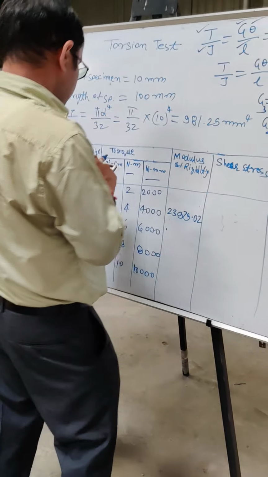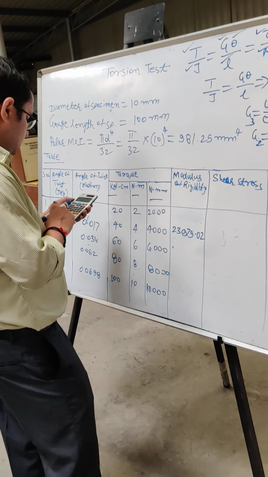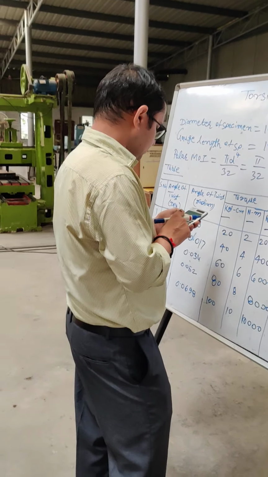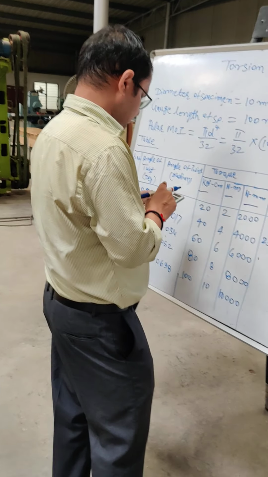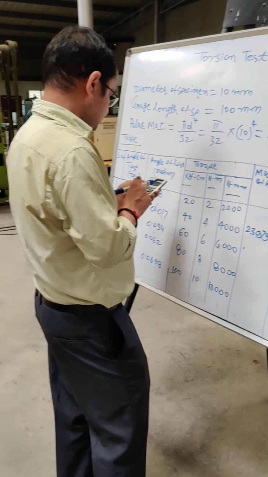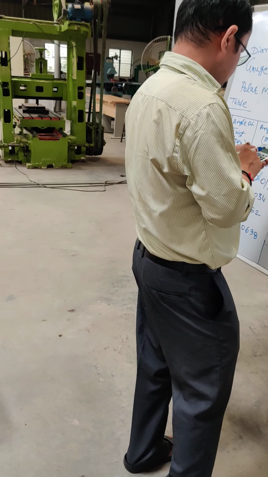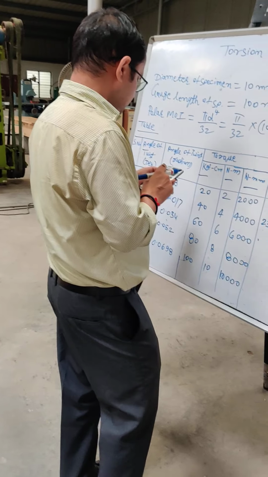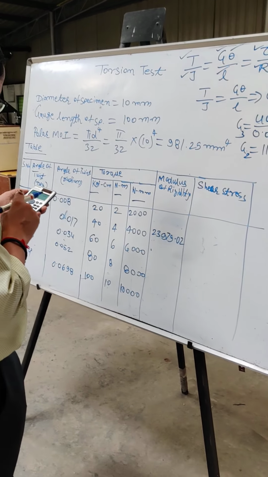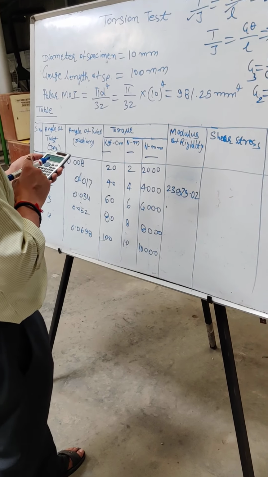So for this we have to determine the value for 2000 also. 2000 into 100 divided by 0.008 multiplied by 981.